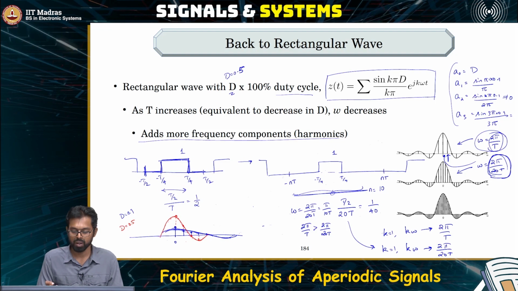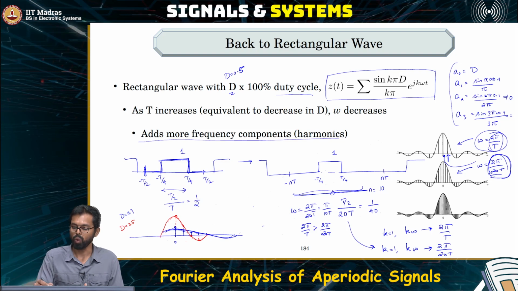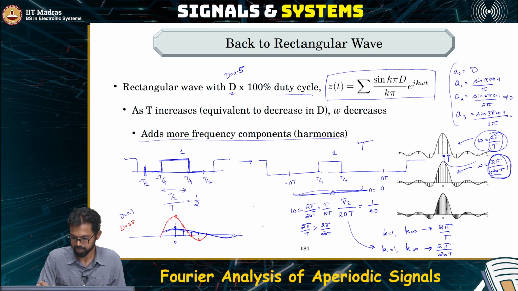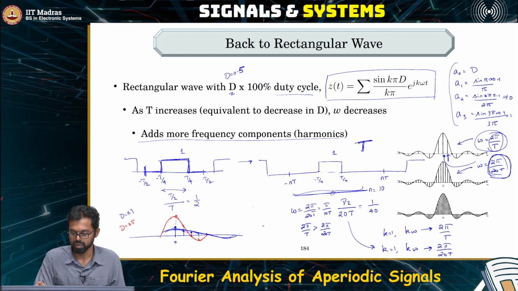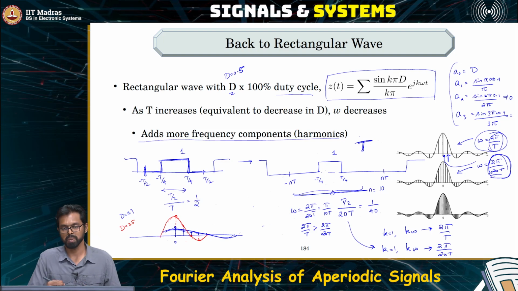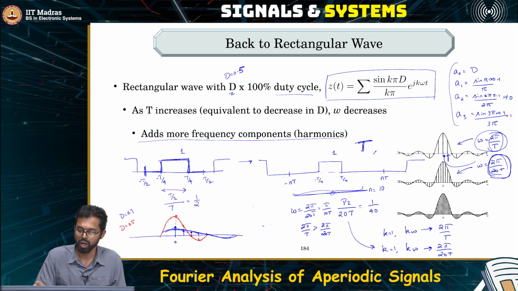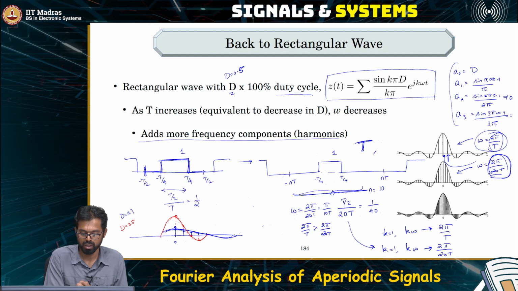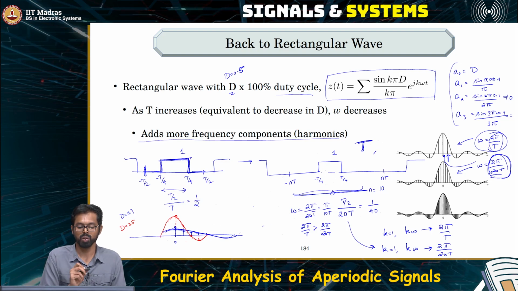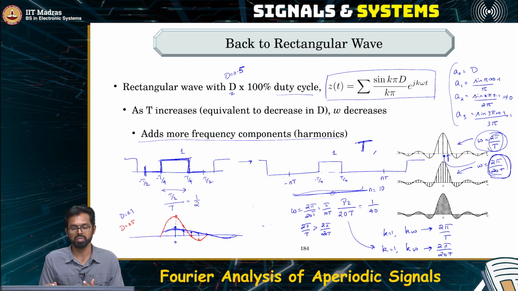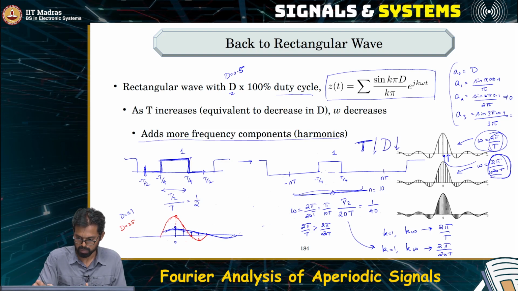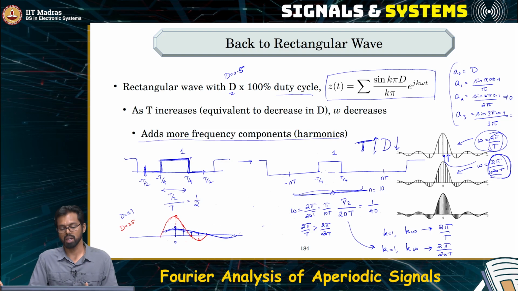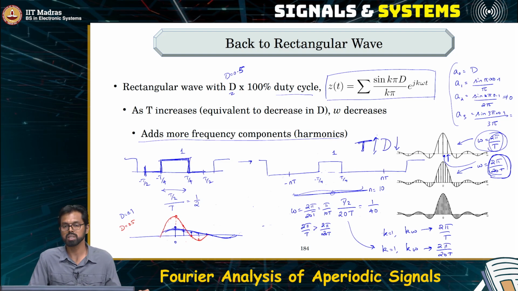It's the same rectangular wave. All we did was to increase T. So we just change the period. We keep increasing the period while we keep the duration for which the signal is non-zero fixed. So the duty cycle reduces. So you keep increasing the time duration of the signal's period.